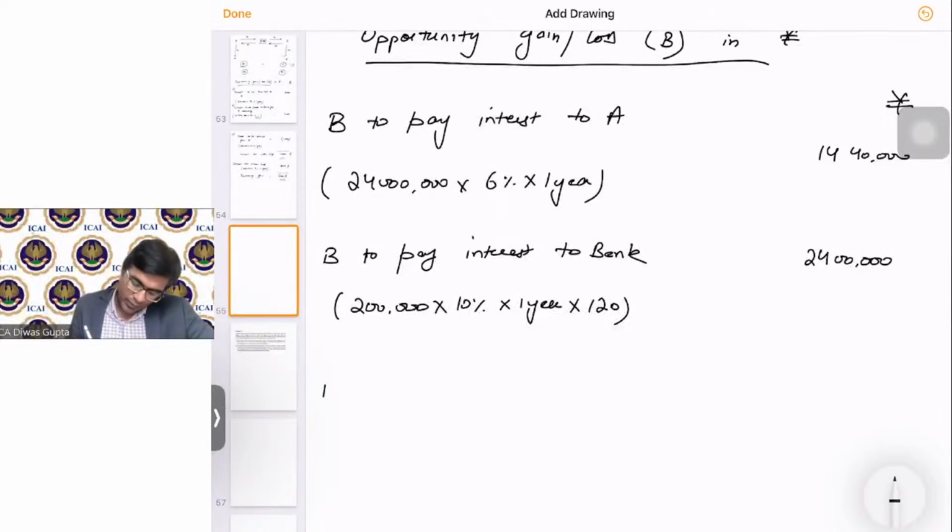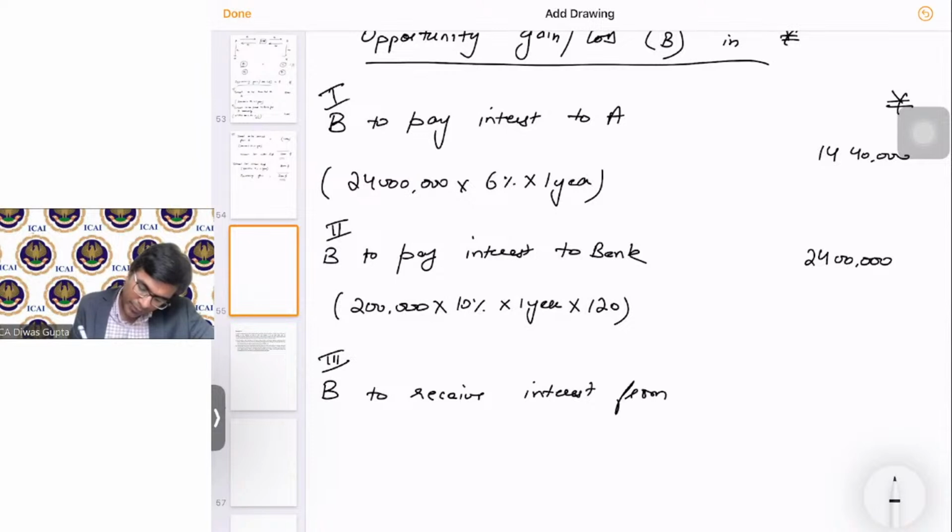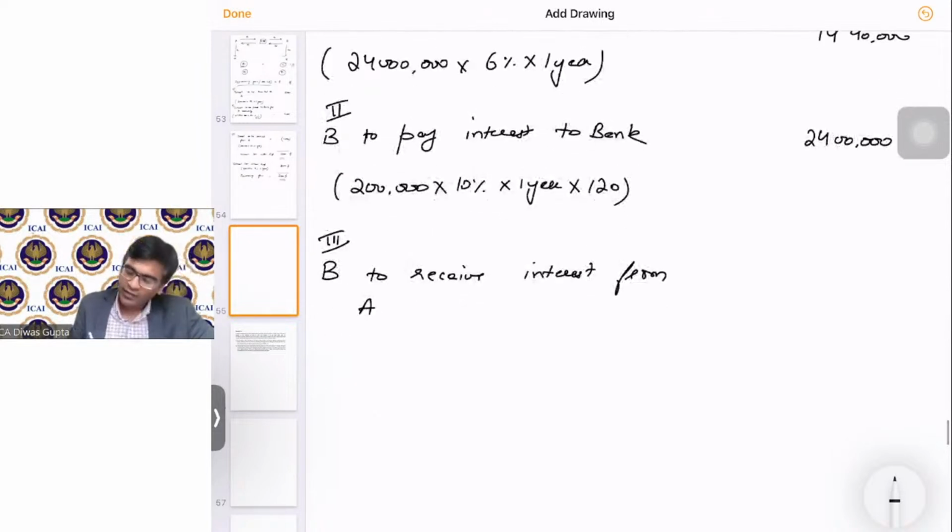Then the third cash flow. This is the first, second, third. B to receive interest from A. That will be how much?